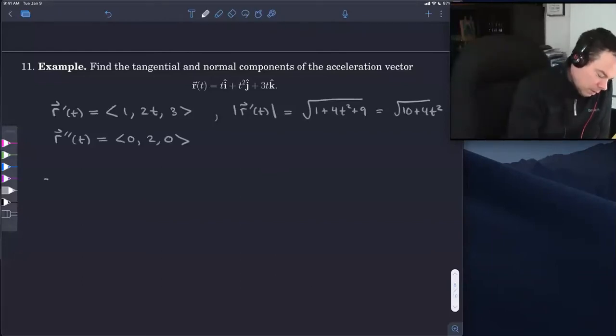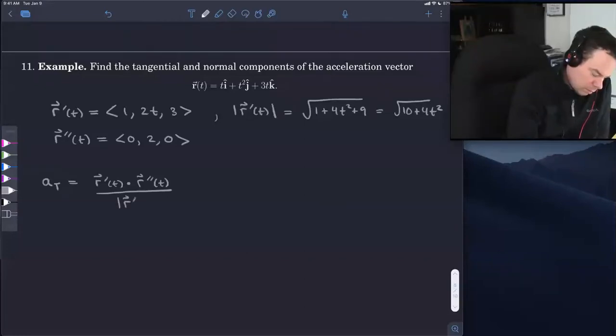So the tangential component is given by r prime of t dot r double prime of t all over the magnitude of r prime of t. So we work out the dot product and we get 4t all over the magnitude, which is root 10 plus 4t squared.